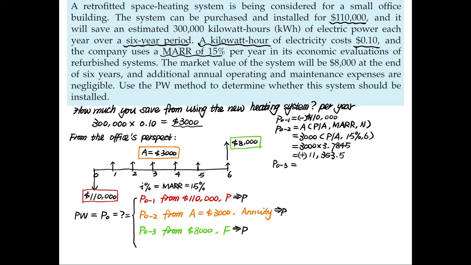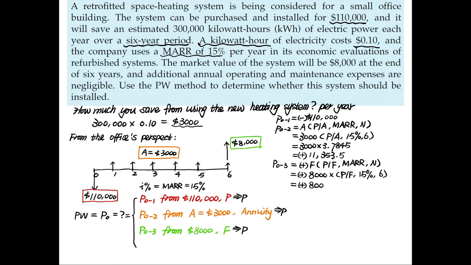And part 3 is positive, and the equation is to find P given F. So it's F times the factor (P/F, MARR, N). So it's positive. F is $8,000, and the factor is (P/F, 15%, 6).